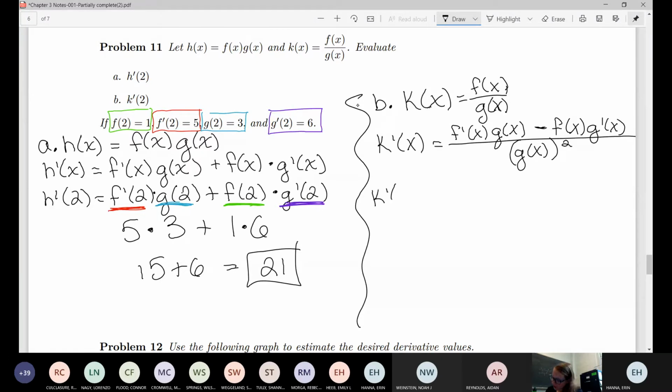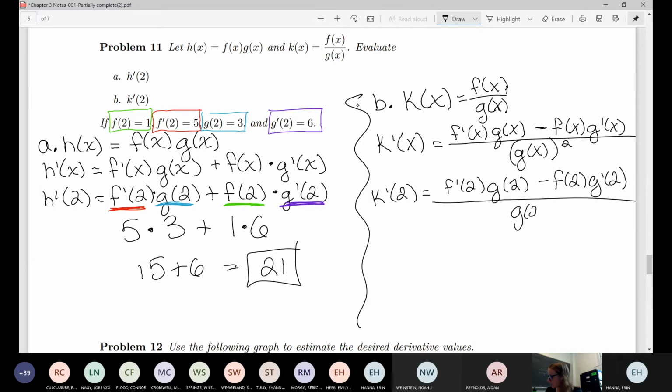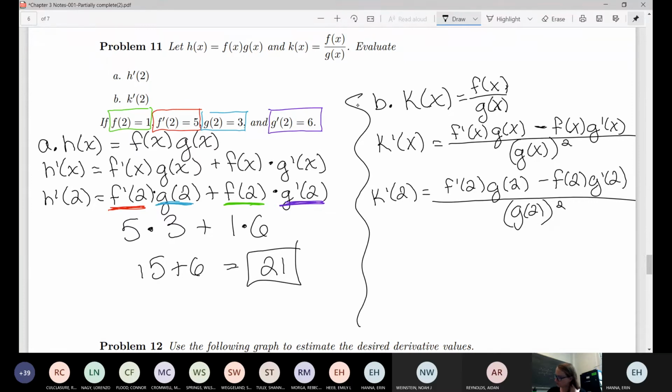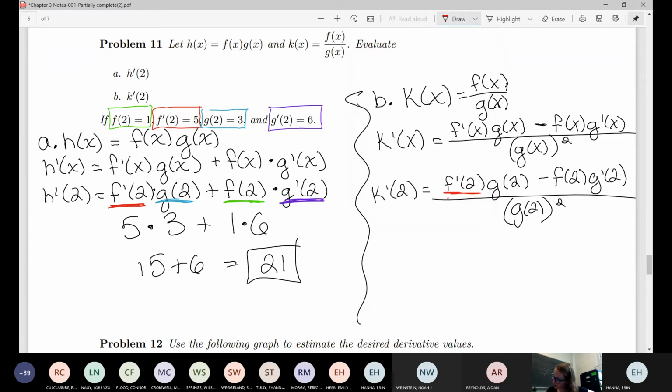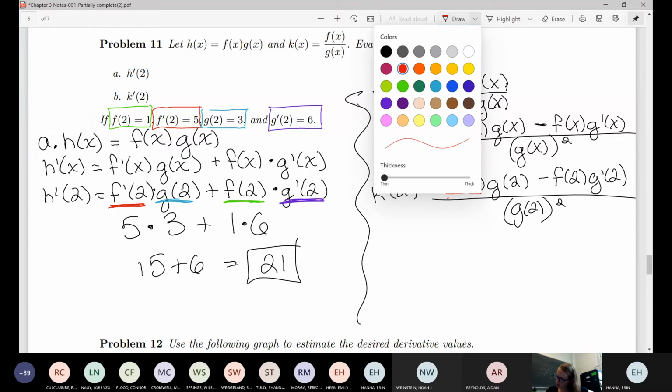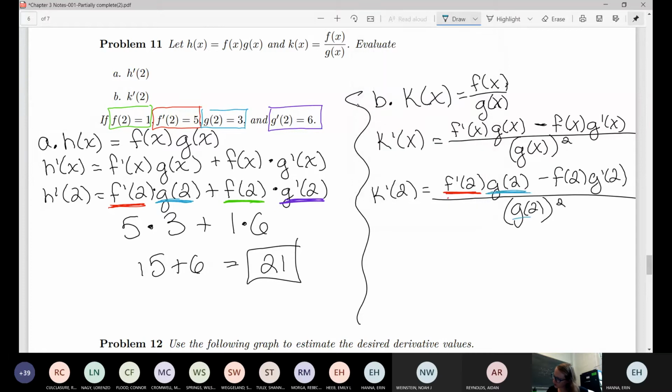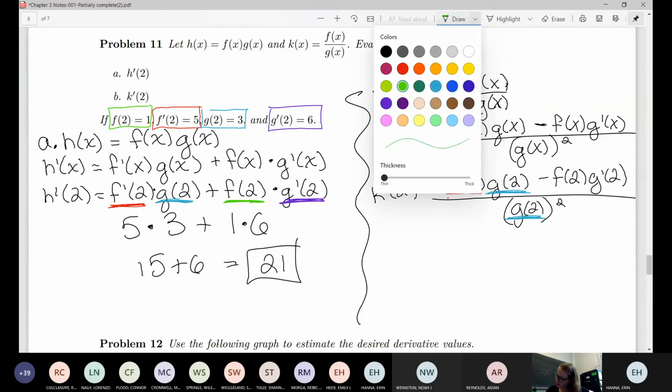Plug in a 2 everywhere you see an x. And let me take a second to color these again. So we have 2. And then g of 2, but g of 2 also turns up in the denominator.